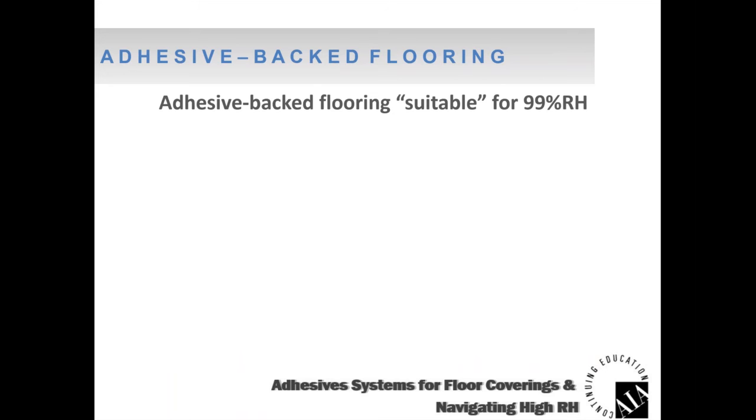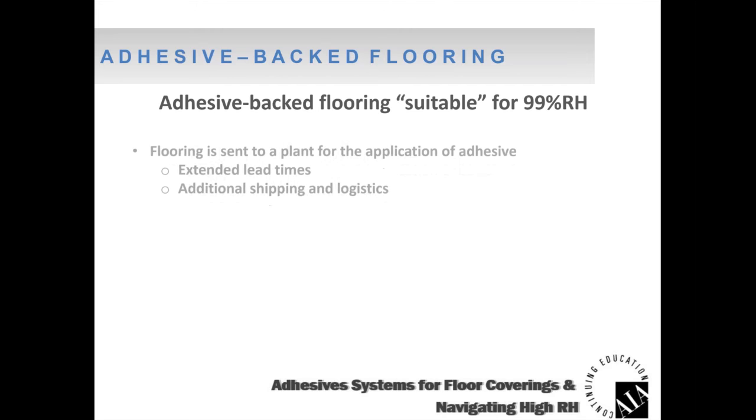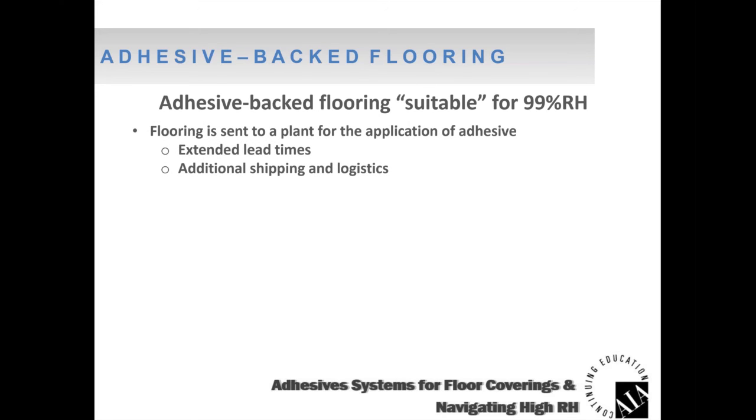Now, there are some other types of floor covering out there that have an adhesive on the back side that have a very high RH, such as a 99 RH on the back. I just want to make sure that everybody understands these products and asks the right questions. In some cases, the floor covering is sent to a plant where they apply this adhesive to the back side of the floor covering, and then they ship that back to the distributor or the job site or the flooring contractor, whatever the case may be.